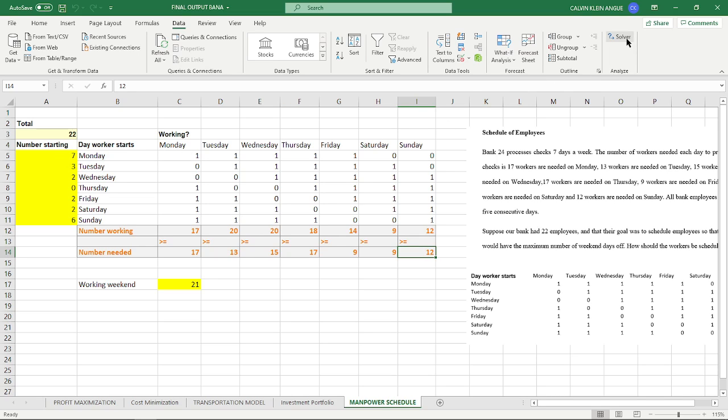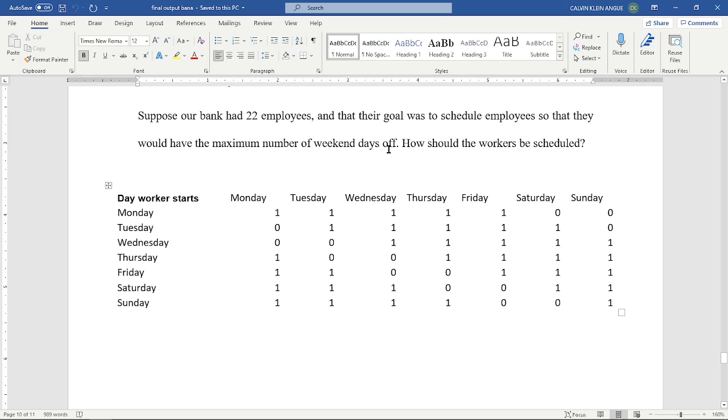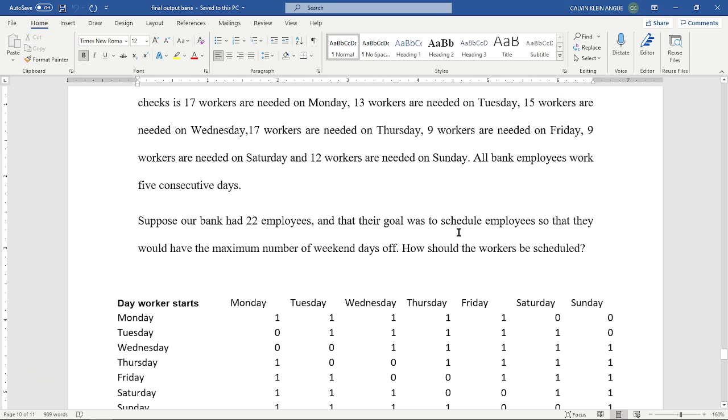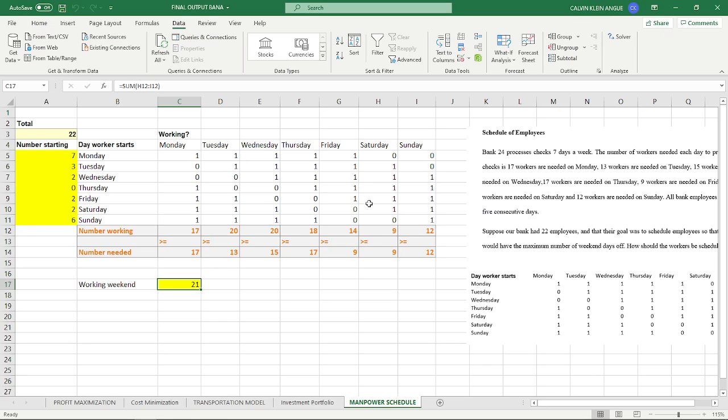So how do we solve this? Put your formula here. We need to find how many workers should work on the weekend. So you just need the sum of Saturday and Sunday.